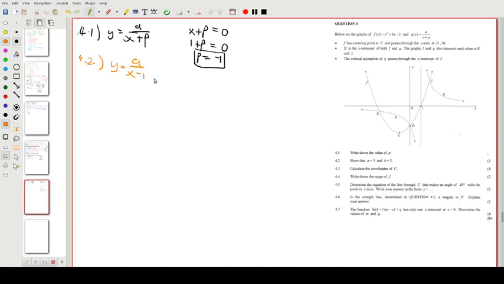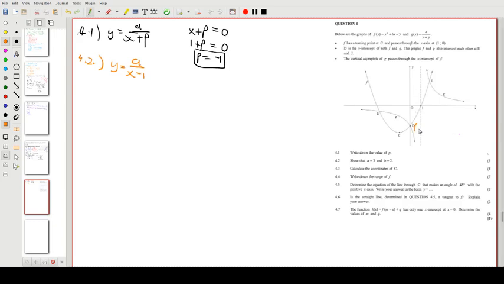Now to find a, we need to substitute a point in. Now which points do we know that lie on the hyperbola? We know that (1, 0) lies on there, but if we substitute (1, 0), we'll get undefined if we make x 1, so we can't use that point. We can try D. How do we know what D is? Well, we know D is the y-intercept, and we can see what the y-intercept is in f by just looking at the constant value, which is negative 3.